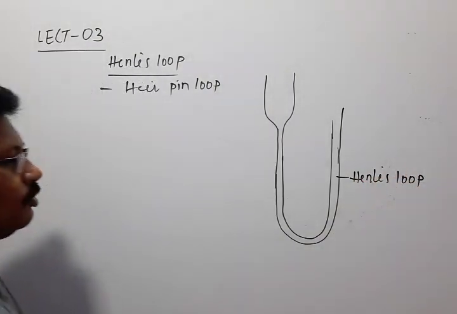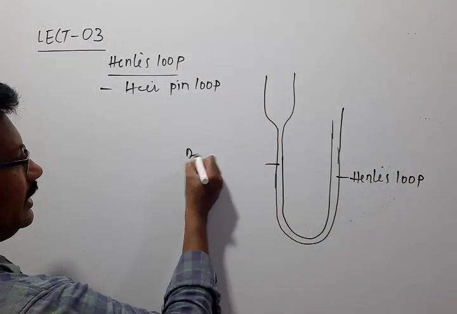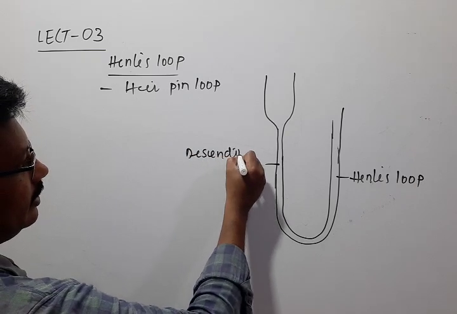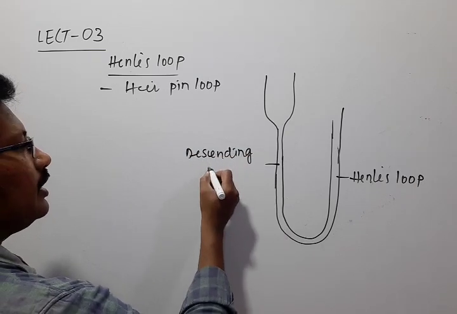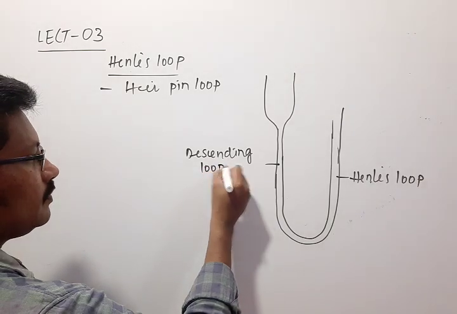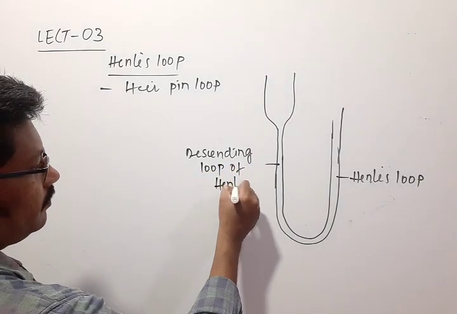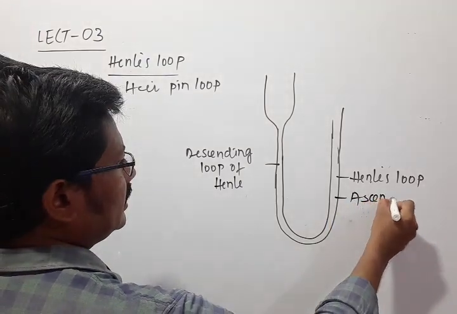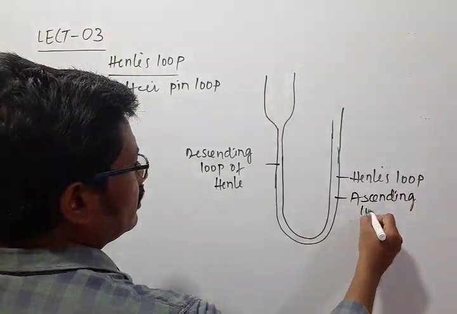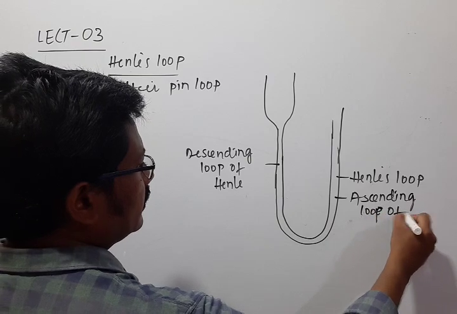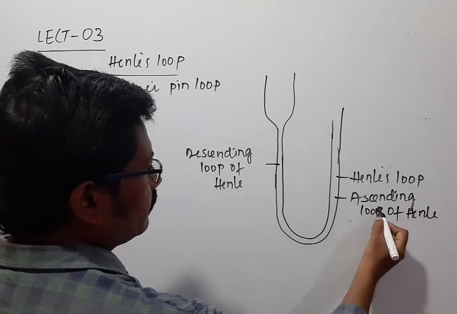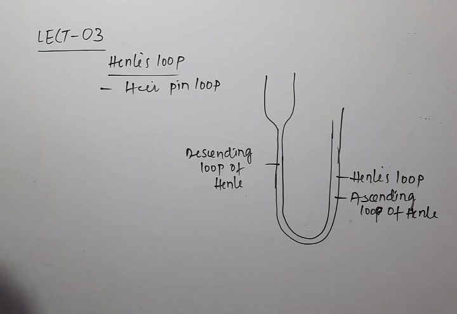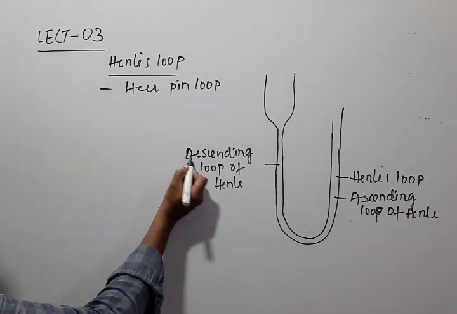This Henle's loop has a descending loop of Henle, and this is the ascending loop of Henle.